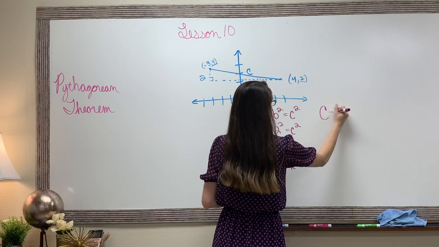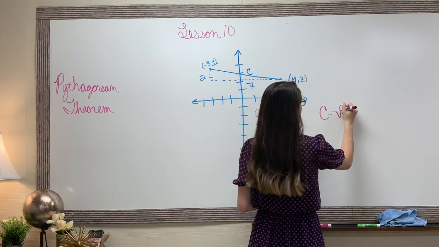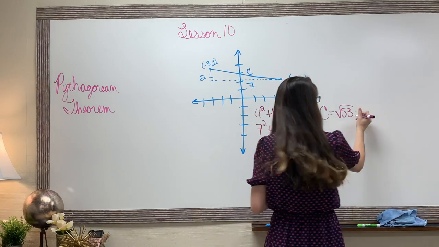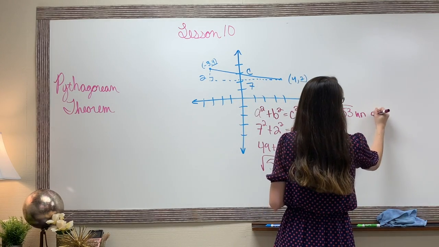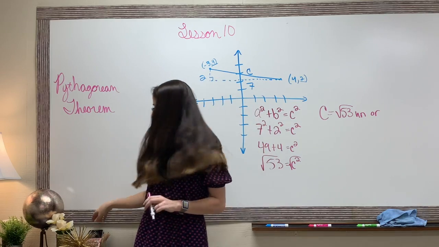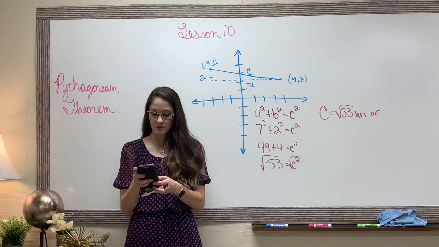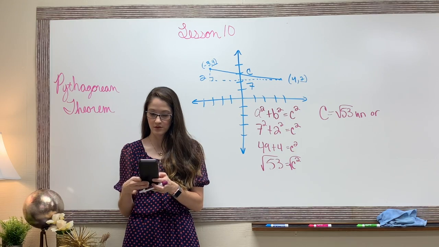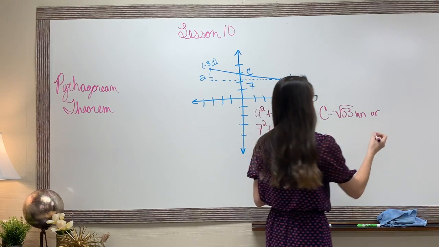And C equals the square root of 53, and we're talking about a graph, so units, or 7.28 units.